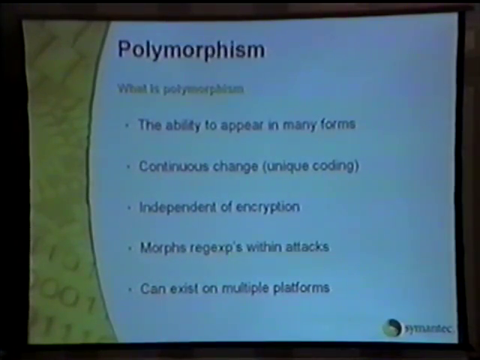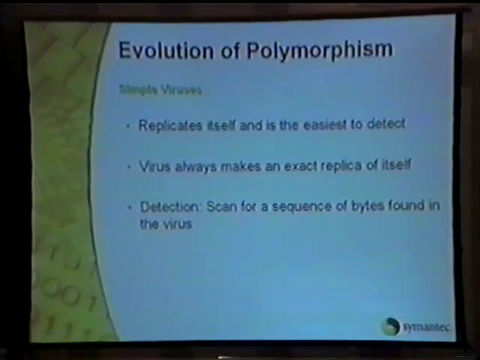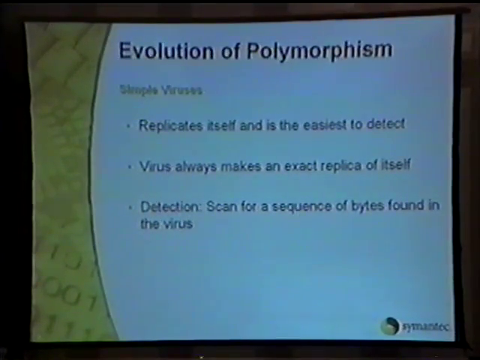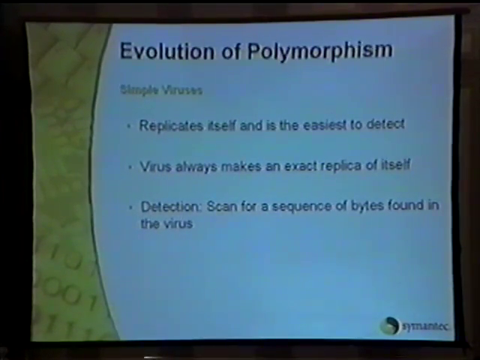So with our understanding of polymorphism, let's jump into what happens in the virus world. The first of the viruses were considered simple viruses. Basically, it replicated itself, and these were very easy to detect. These viruses mainly were via floppies, program files, attachments within the emails.